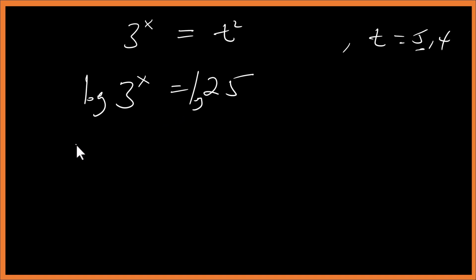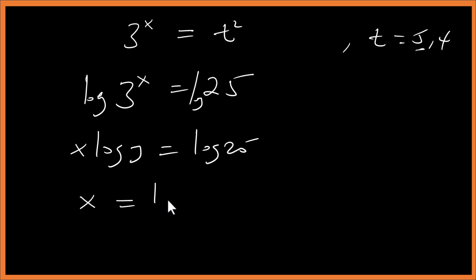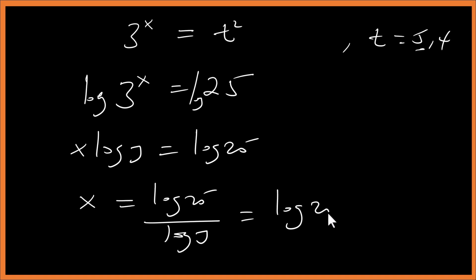So we have x log 3 equals log 25, so x equals log 25 on log 3, which is the same as log 25 to base 3. That is when t is equal to 5.